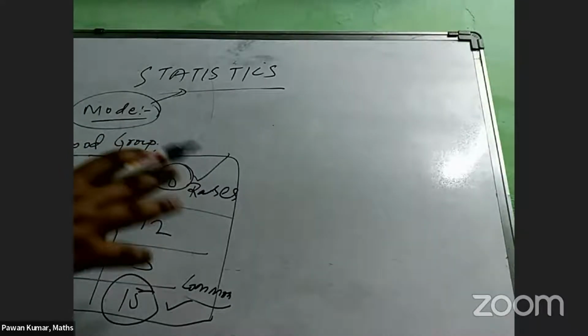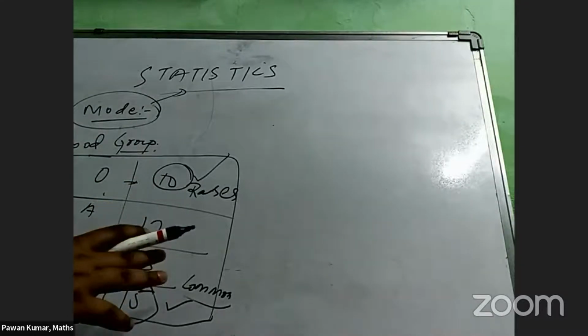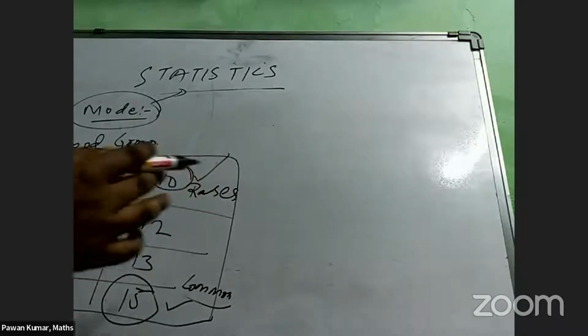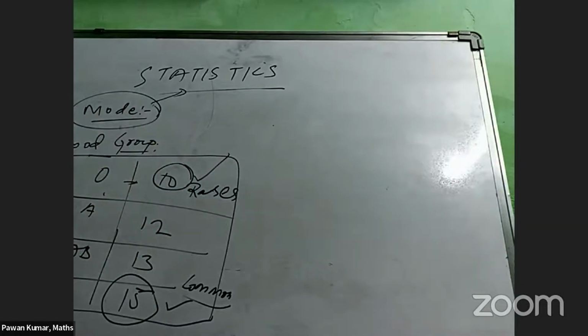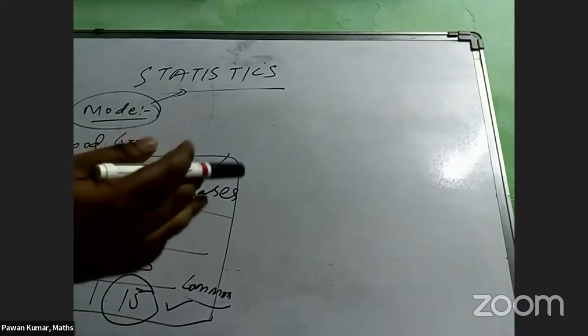So when we come to group frequency, do you understand what the mode actually is? Yes, sir. So the mode is basically the highest frequency, the common thing. Generally, when we talk about the thing which is common, that is actually the mode in a real life scenario.